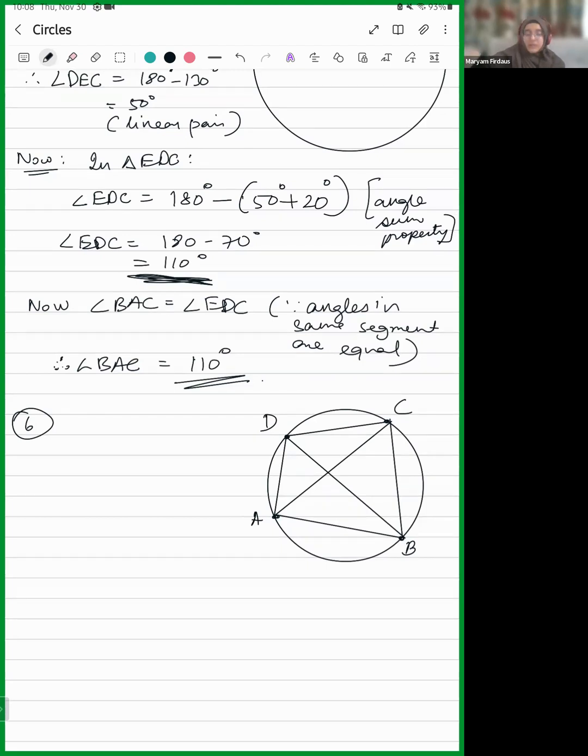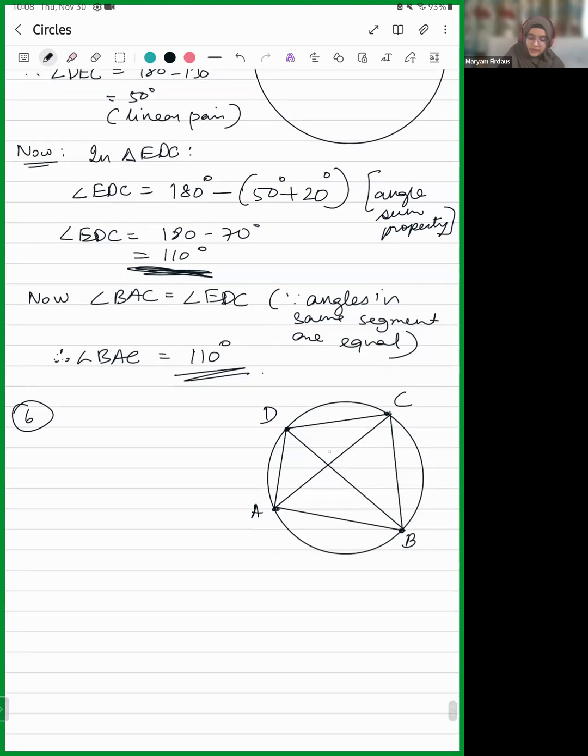Opposite angles in a cyclic quadrilateral are supplementary, okay? So they intersect at a point E. Fine, this point is E.